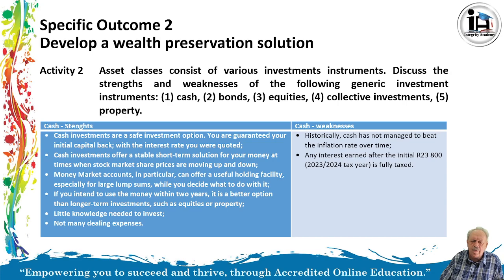Historically, cash has not managed to beat the inflation rate over time, so it's actually moving down in value more than growing in value. And then there's only an interest rate exemption of 23,800 Rand. That's now the 2023-2024 tax year for individuals under the age of 65.